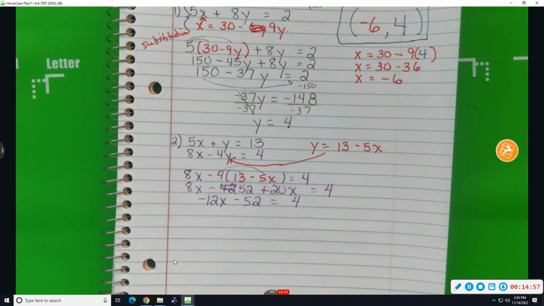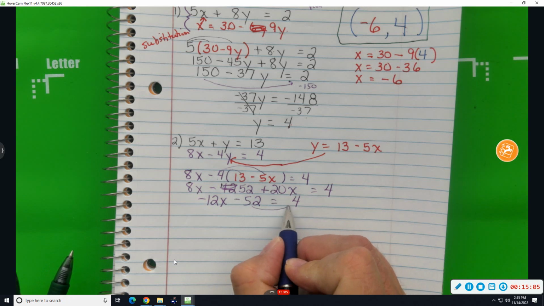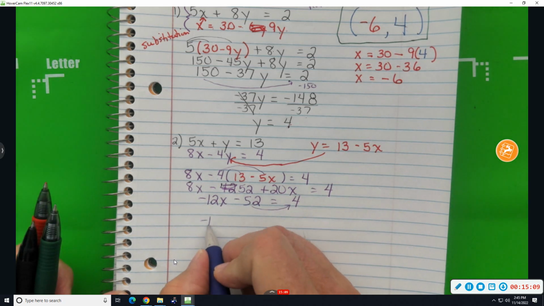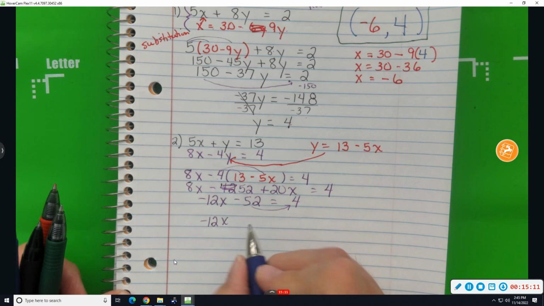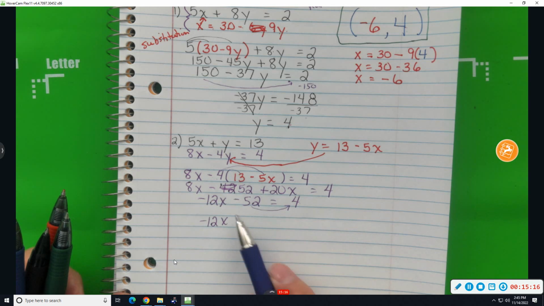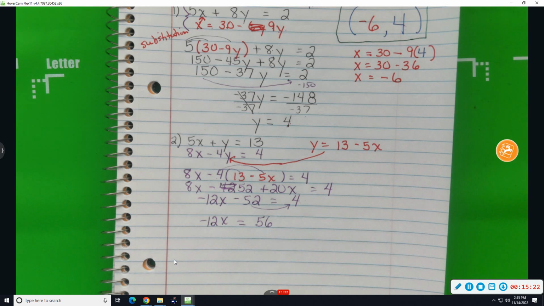And this one we can isolate the x without too much trouble. What would we do? I'm going to add 52 to both sides. So we have negative 12x equals 4 plus 52. Is that a 56? And then do what?